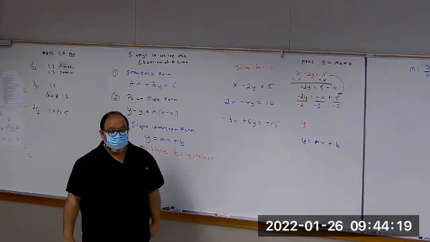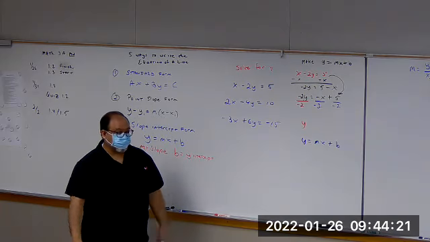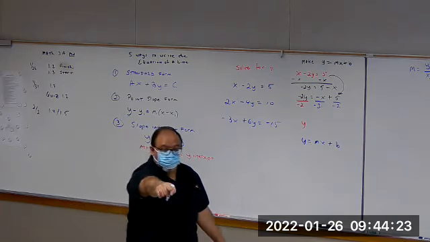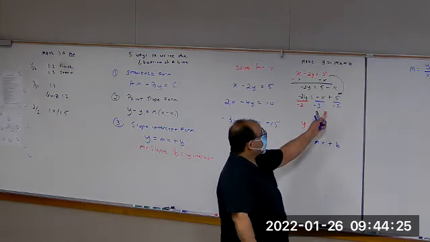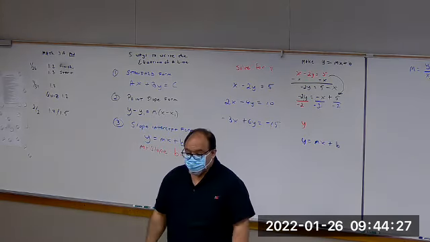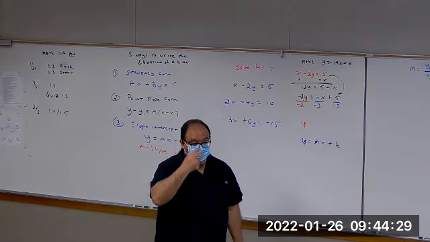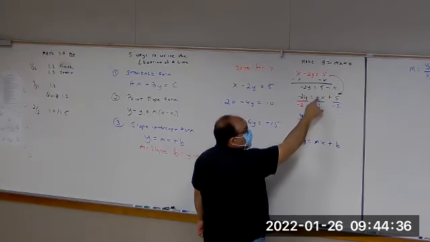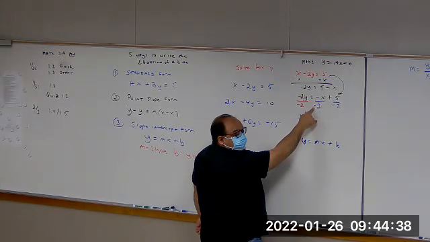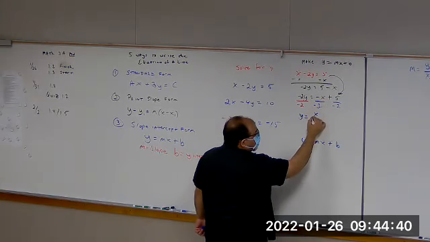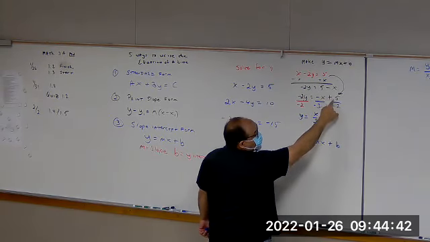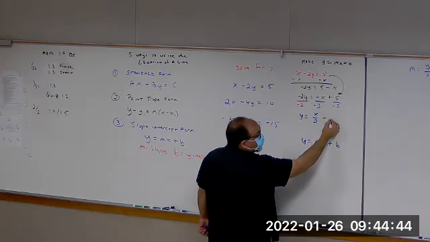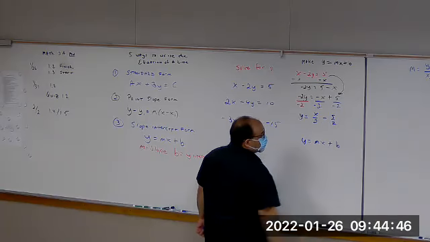It's kind of like being at that last Oprah show. You get a car, you get a car, you get a car. You get divided by -2. Everybody gets divided by -2. If you divide one, you divide all. Okay. So now I have y equals a negative over a negative is a positive. So I get x over 2. And then I have a positive over a negative, so that's a negative 5 over 2.